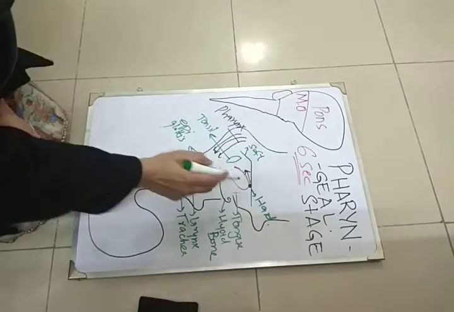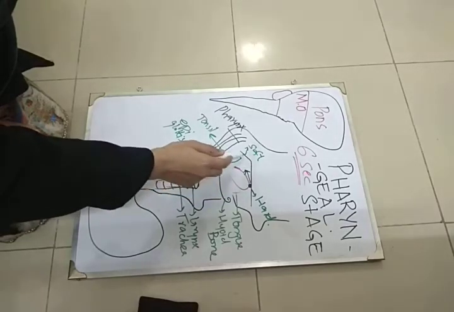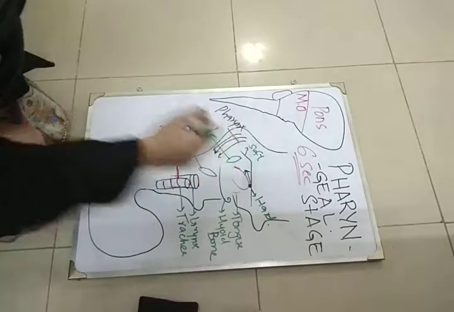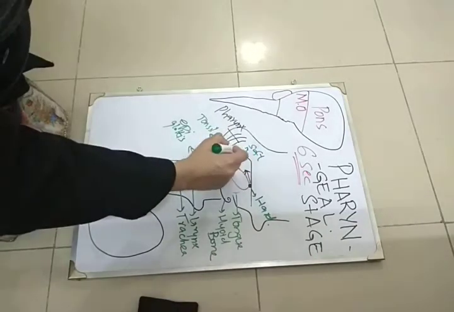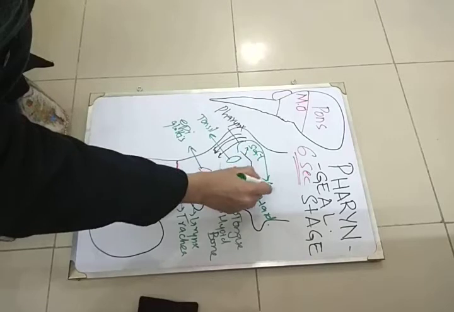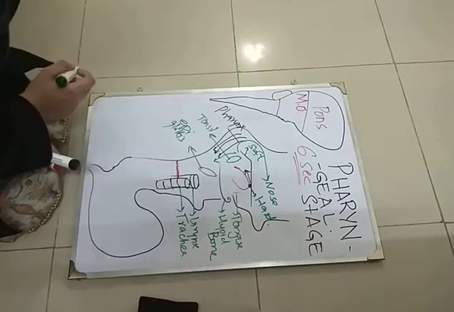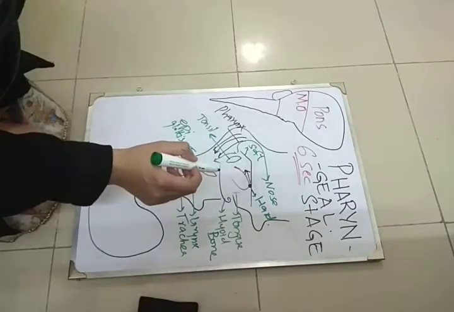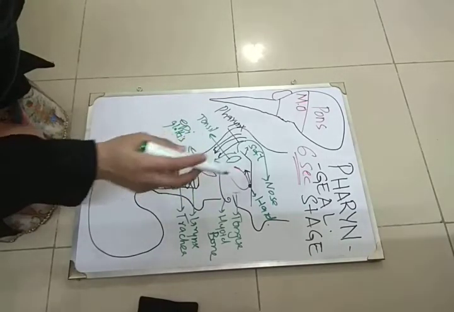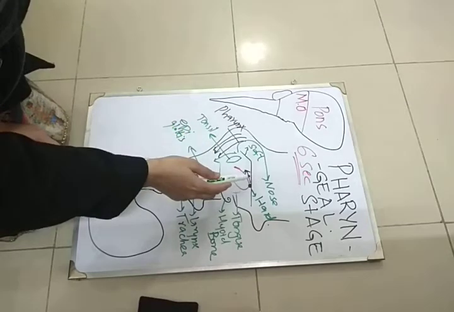When the bolus comes to the soft palate and to the pharynx, it has two passages to go. First into the nose and second into the esophagus. So, the route of the bolus from the hard palate will be towards the pharynx.